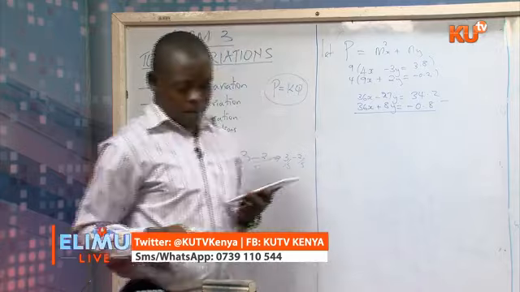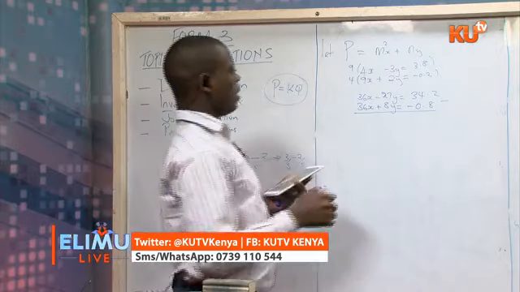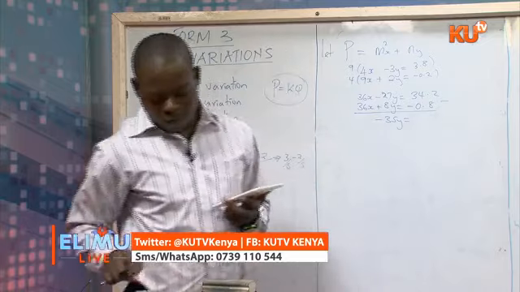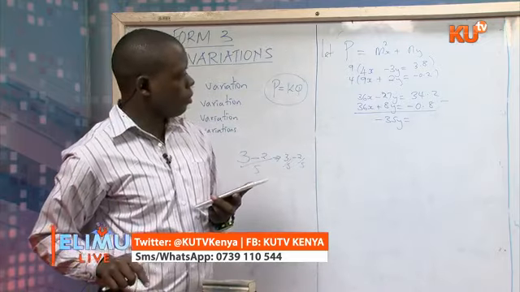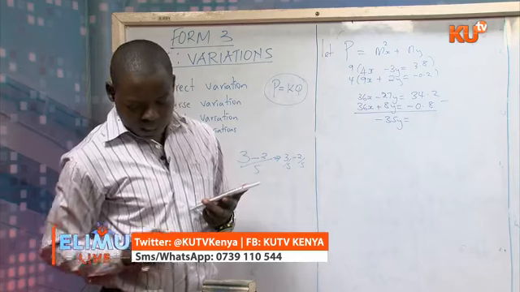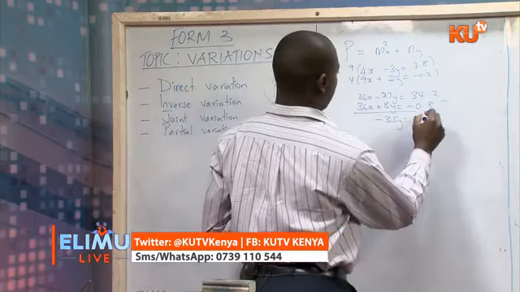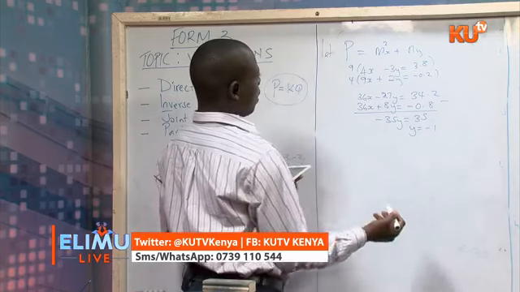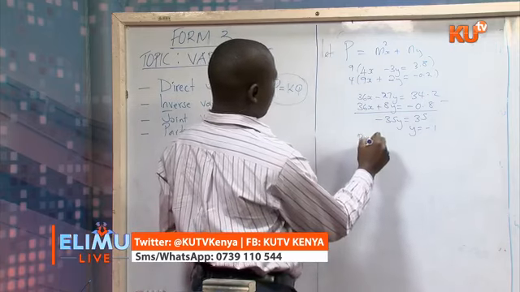Simplify this one. 27 less 8, that is negative 35y. 34.2 less the answer, that is 35. So it implies that y is negative 1. If y is negative 1, then replace in any of the equations.